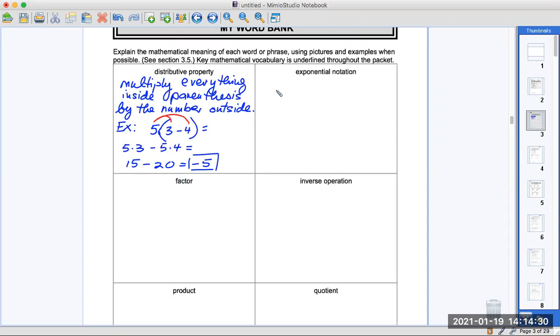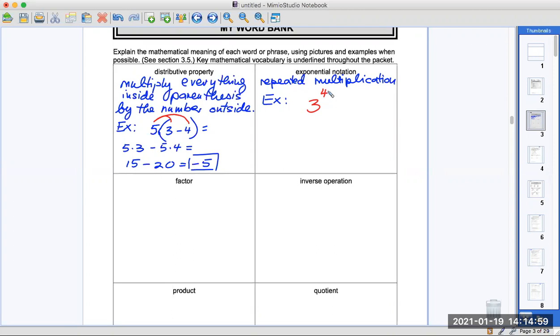Exponential notation, I will just say it's repeated multiplication. And I'm showing you an example. So for example, we have 3, and then the 4 is higher. Notice the 3 is lower, this number is higher.